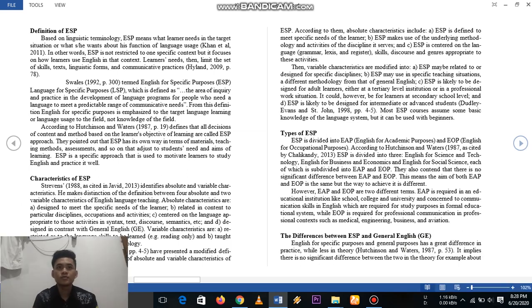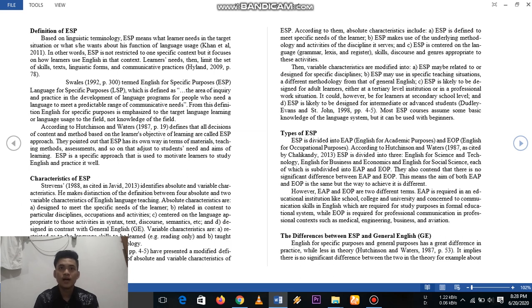Next, types of ESP. In this part, the writers tell the readers of various types of ESP. Next part is the differences between ESP and General English or GE.